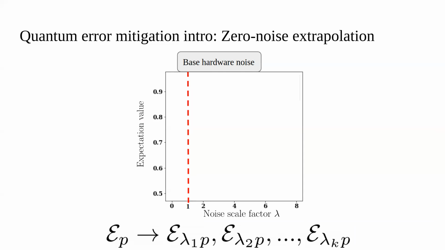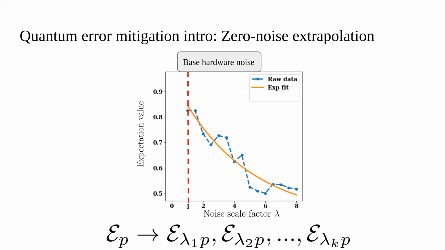But the idea of zero noise extrapolation, rather, is to realize that you can go to the right. So you can artificially increase the noise in the system. The blue points that you see here are raw data that we collect. And this was from an experiment. And once we have that, then we can see some trend line in it.